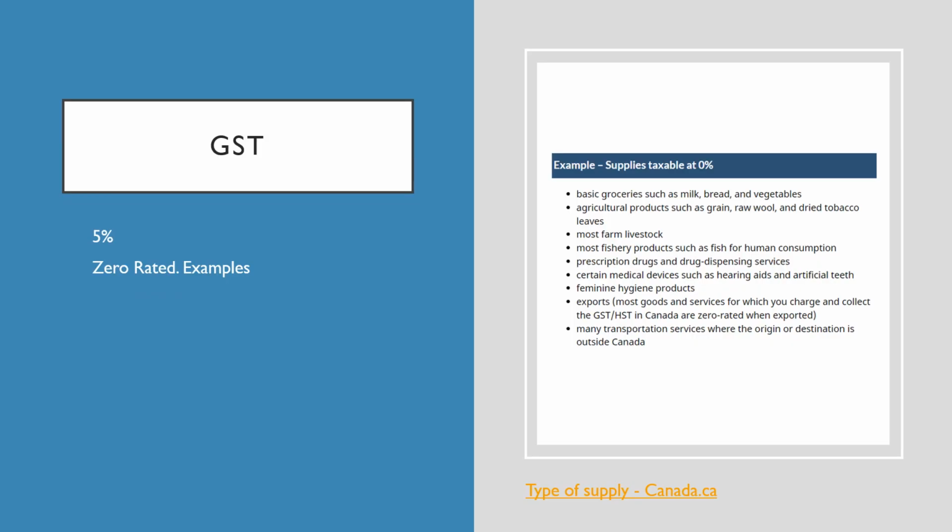Let's talk now about GST. GST is either 5% on imported goods, or it could be what they call zero rated. There are certain goods that do not pay GST.